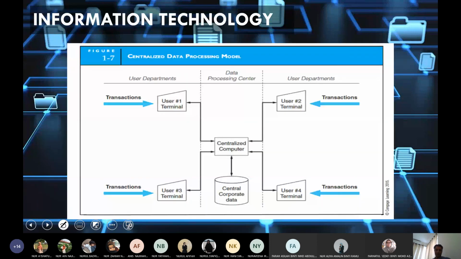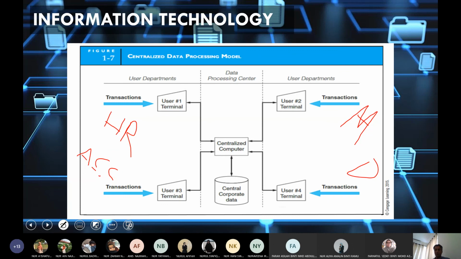Let me explain it with this example. Say we have human resources, the accounting department, marketing, and maybe the warehouse or distribution function.